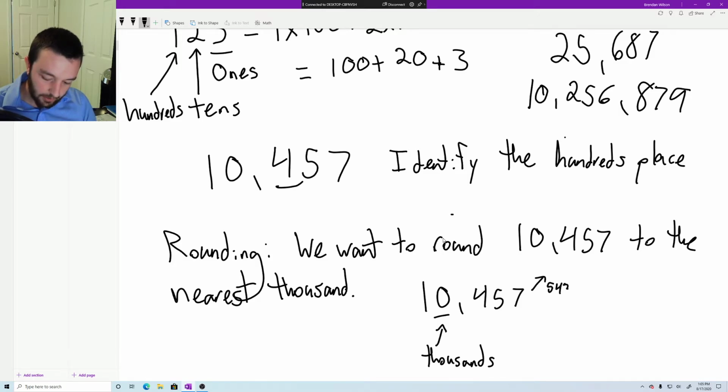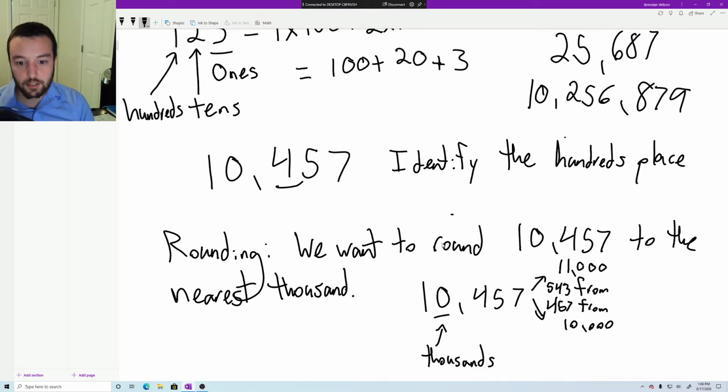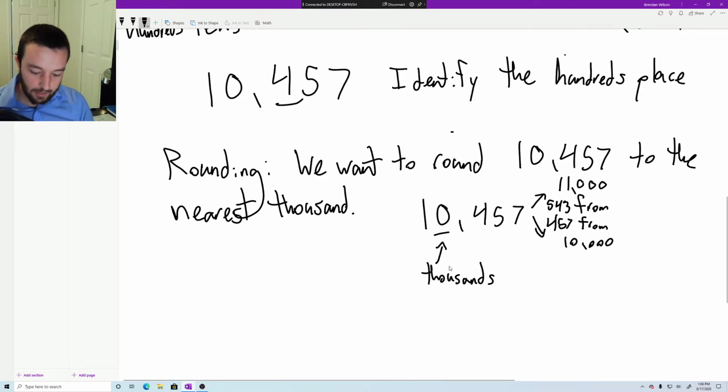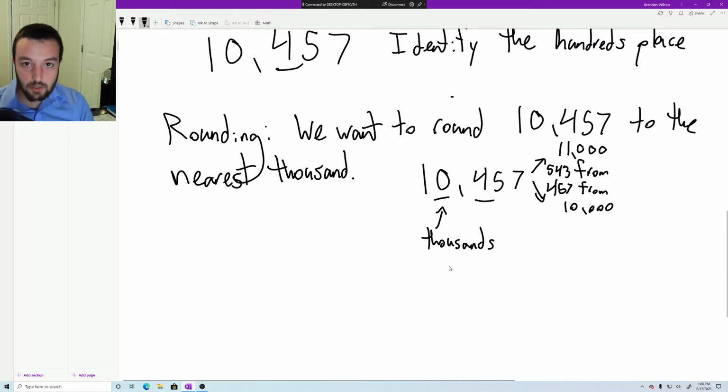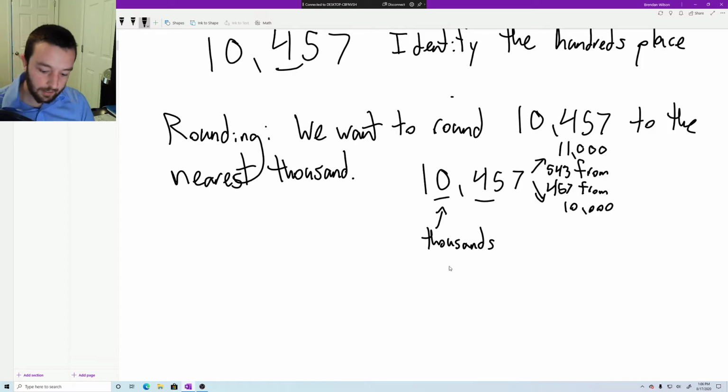So 543 from 11,000 here, and then 457 from the 10,000 here. But we don't need to know, like I said, precisely how far away we are from each. If we just look at that 4, it'll tell us enough information. This number, because it's either 0, 1, 2, 3, or 4, it means that we're going to be closer to the 10,000. We're going to round down, okay?